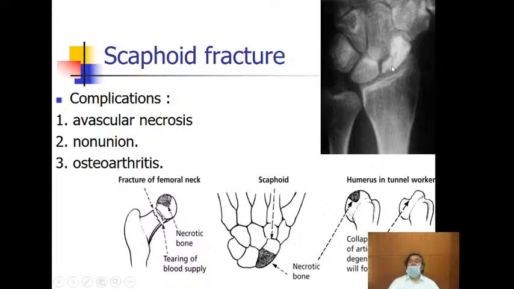So this is one of the problems with scaphoid. Scaphoid, it's not easy. So avascular necrosis and non-union are always threats in scaphoid fractures, and once this articular margin is destroyed here or here, then it will lead to secondary osteoarthritis.